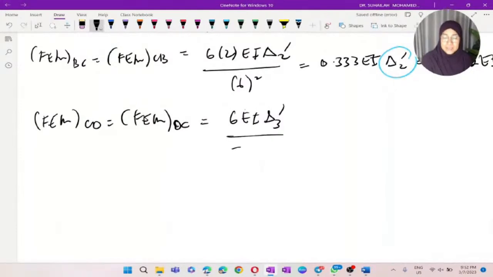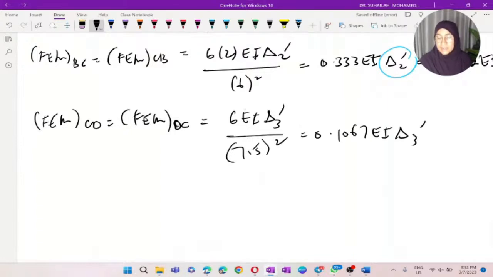L is 7.5 square. So we solve this in terms of delta 3 first. It is 6 divided by 7.5 square. We get 0.1067 EI delta 3 prime.